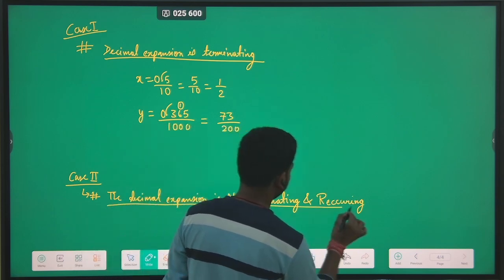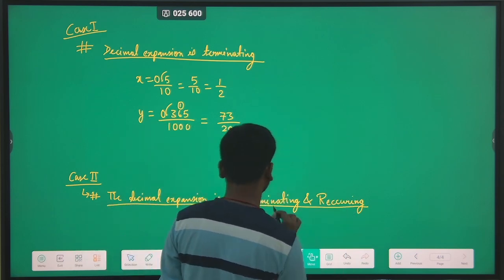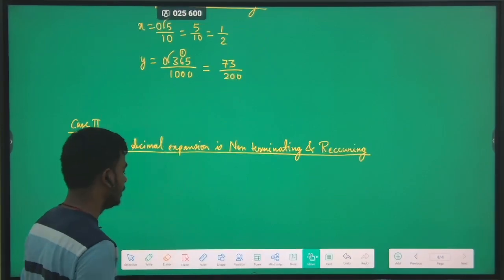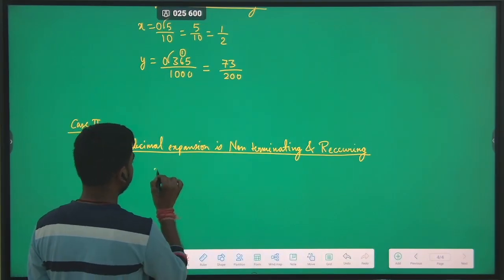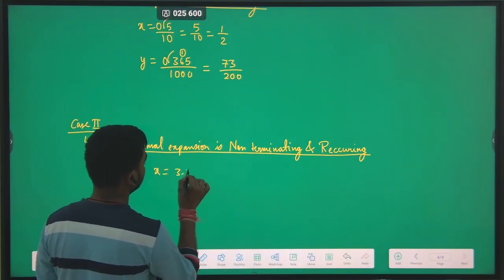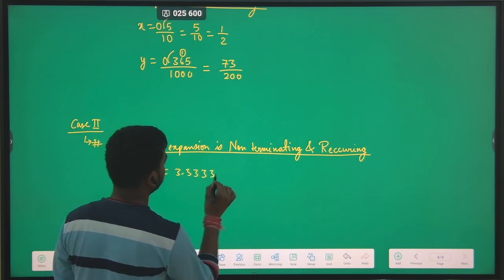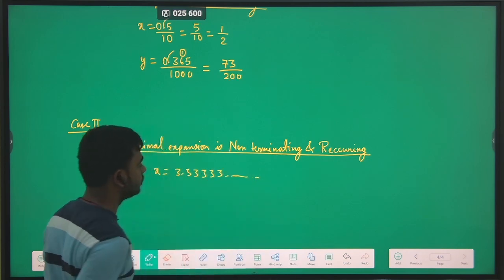Okay. So let us see. Let us suppose that x is equal to 3.333333 continued up to so on.